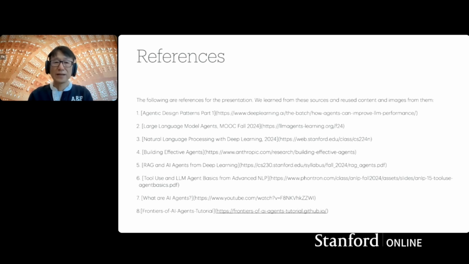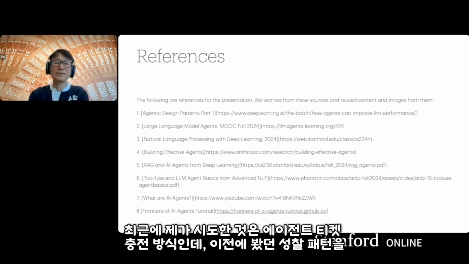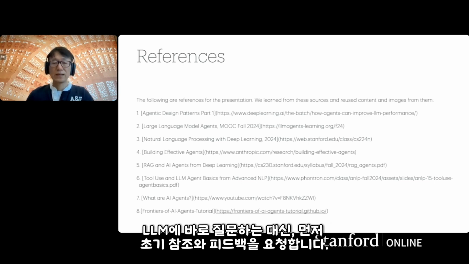One thing that I've recently tried is an agentic judging method, meaning that I use the reflection type of pattern that we have seen previously. Instead of just asking one question right away to the LLM as a judge, I first ask the LLM to provide an initial reference and then feedback.